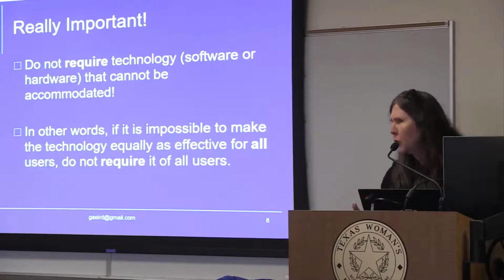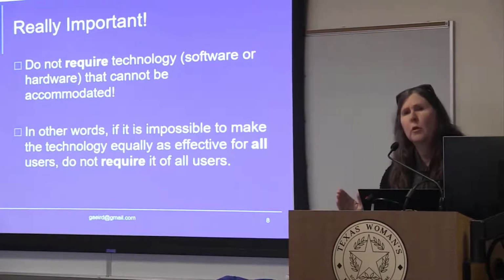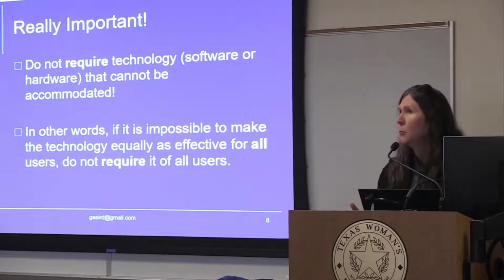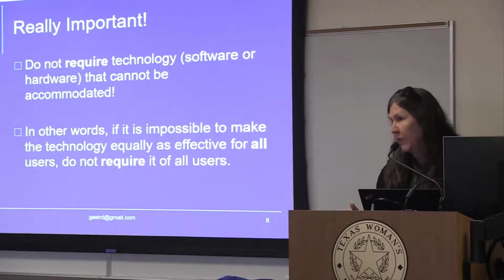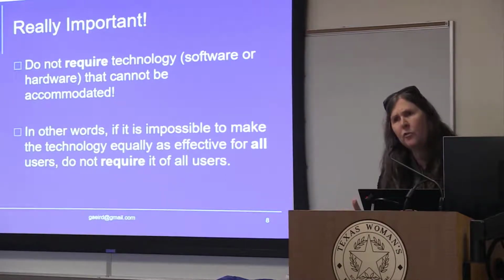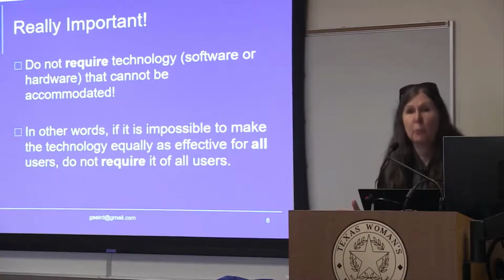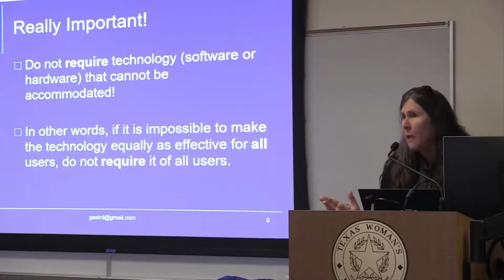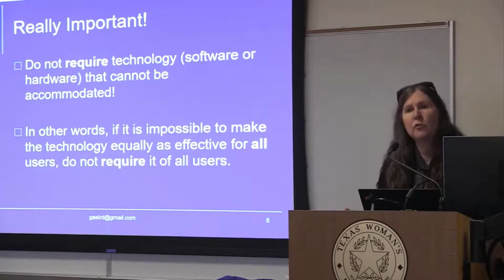Now, there are specialized sorts of programs. Think something like Photoshop or Illustrator or InDesign. These are all programs, they're not accessible. You have to use a mouse. Anytime you have to use a mouse, by definition, the program's not going to be fully accessible. But those are not programs that are required of all students.